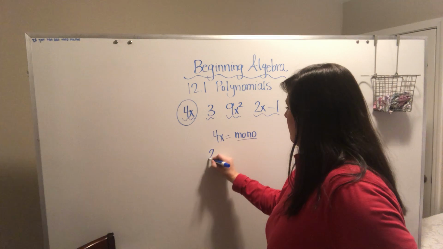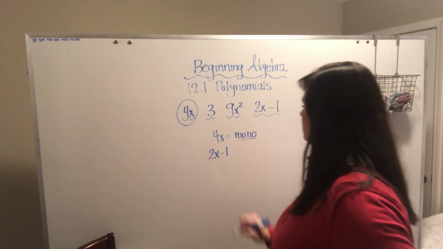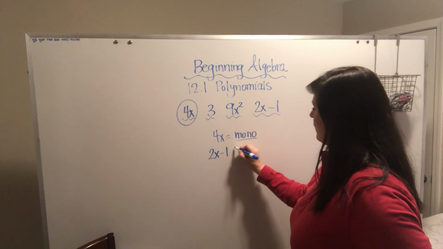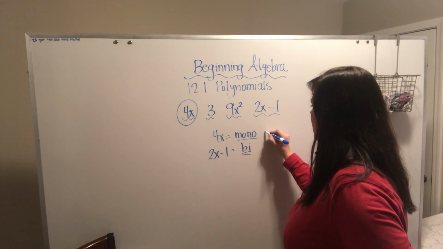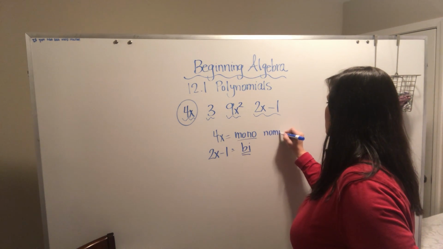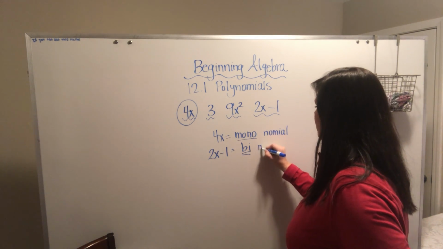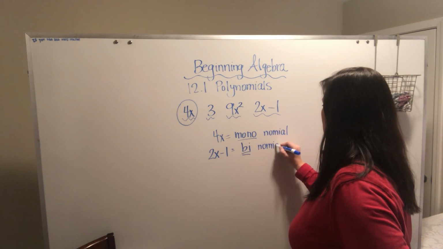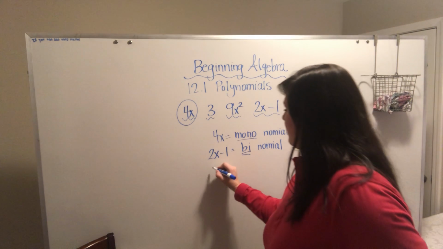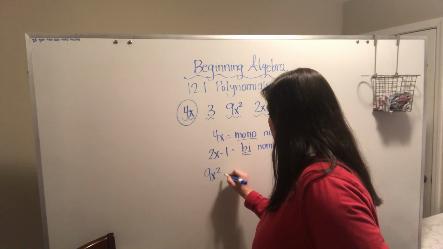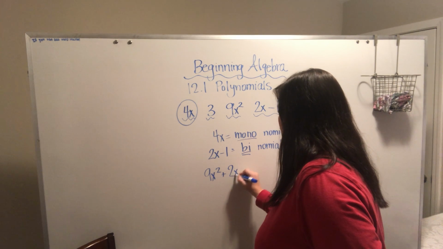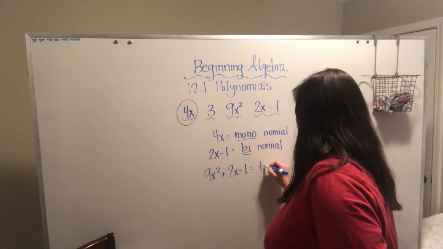Something like 2x minus 1, we have two terms. So we're going to call that a bi, and nomial goes at the end of these. Obviously, if we have three terms, all you geniuses out there are already thinking that is a tri.